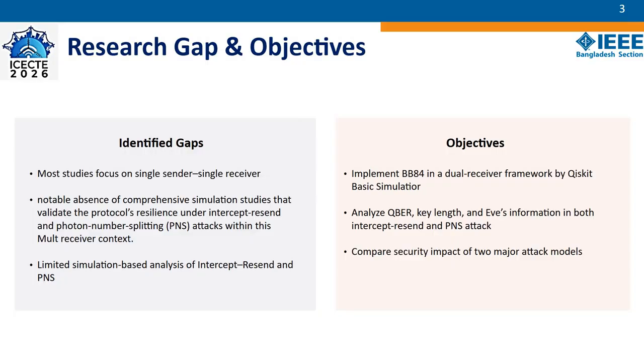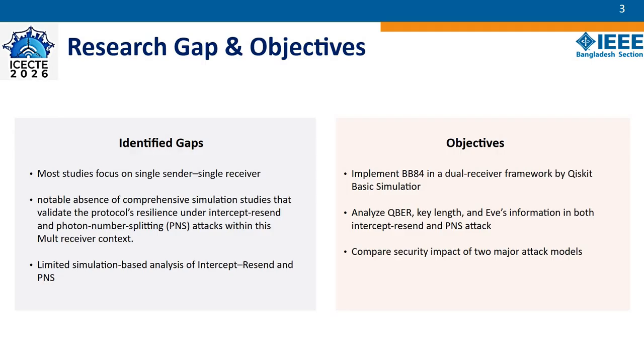Despite extensive research on BB84, most studies focus on a single sender and a single receiver. There is a notable lack of simulation-based analysis that evaluates BB84 security in multi-receiver environments, particularly under intercept-resend attacks and photon number splitting attacks.